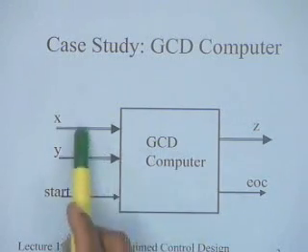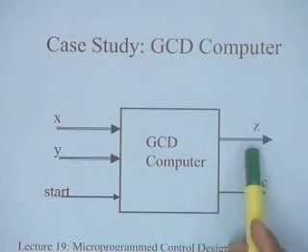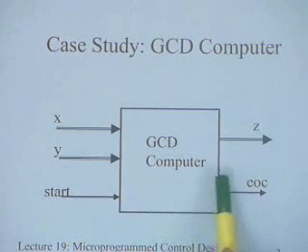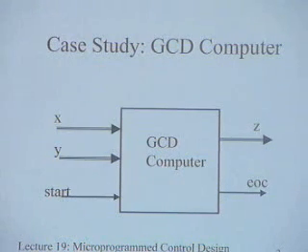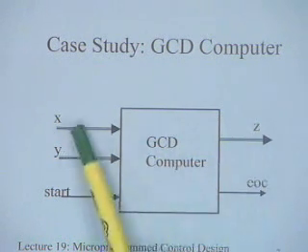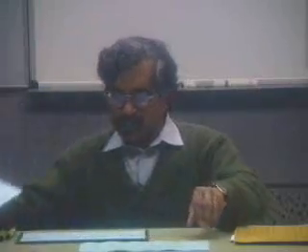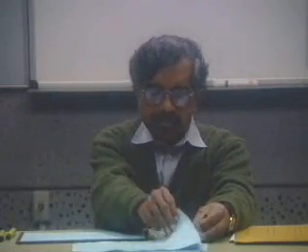Two positive integers, and the result is a positive integer z. We have a start signal which makes this component start the computation, and an end of computation signal indicating that the GCD has been computed, and the value present here is a valid GCD of x and y.